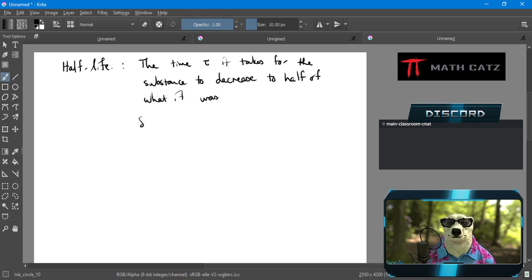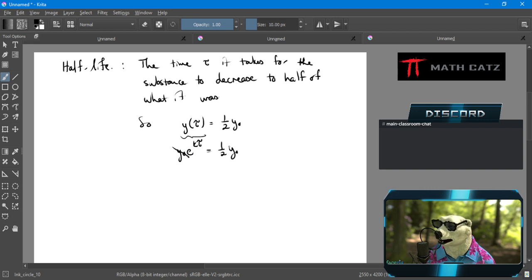That means that after this tau time period, which we call the half-life, I have a half of what I originally had. Now I know what this is. It's y0 e to the kt. Well, now y of tau equals 1/2 y0.